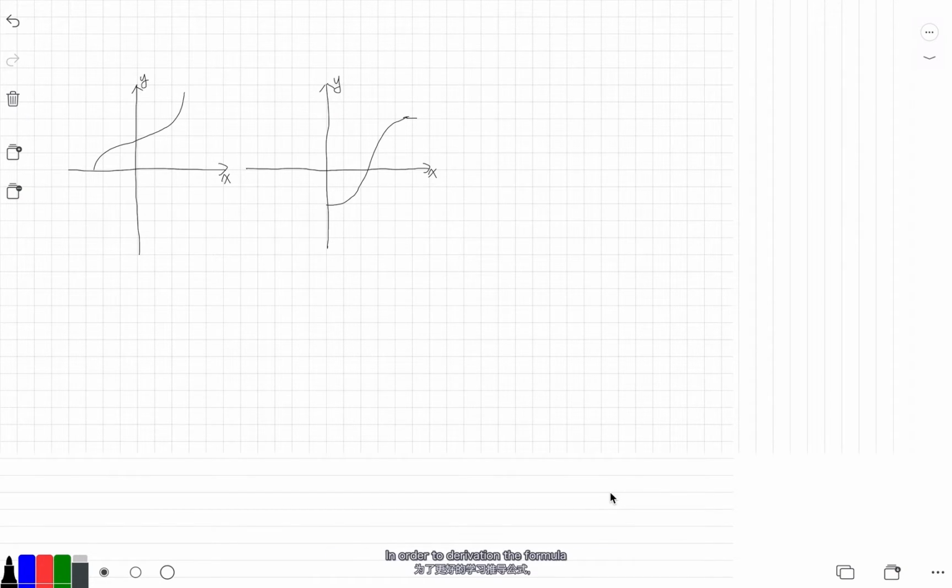In order to derive the formula, we need to know the relationship of inverse functions first. Here are two graphs. On the left is y equals f(x), and on the right is y equals f inverse x.